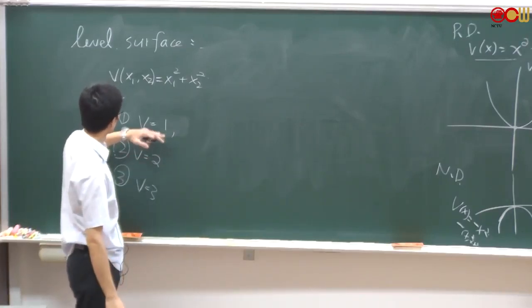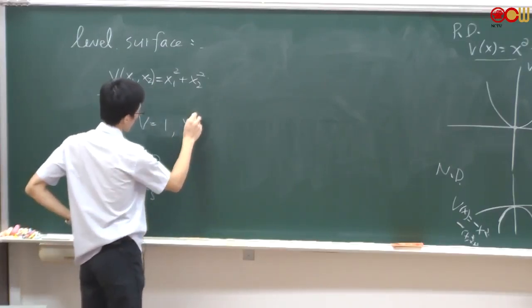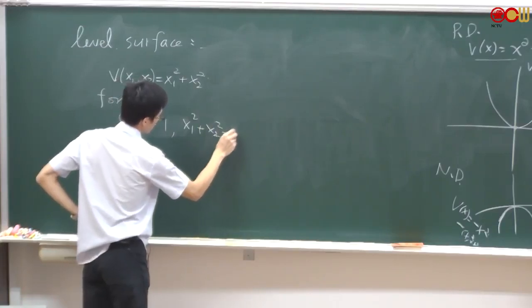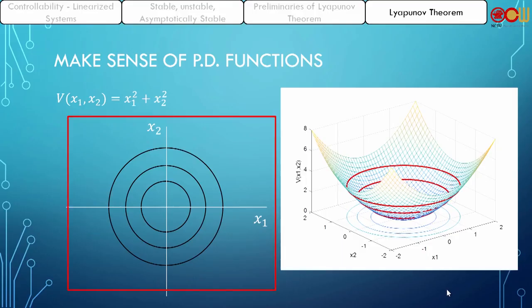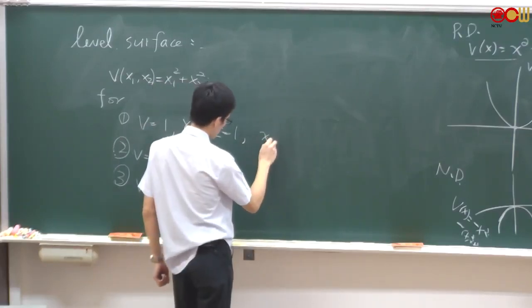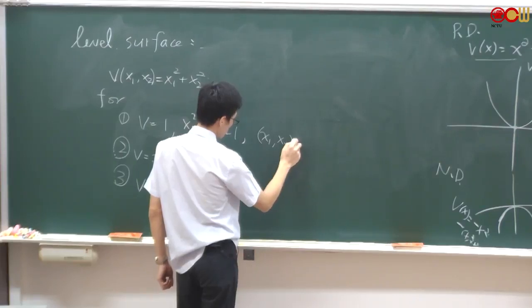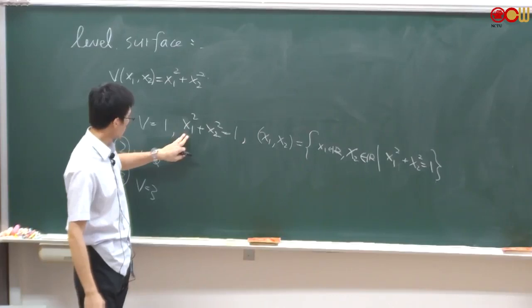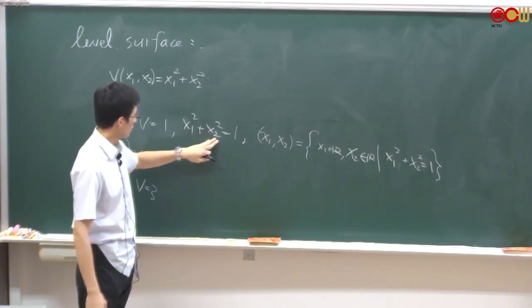then given this condition, what are the x1, x2? Any x1 and x2 satisfying this condition, and there will be a circle. So there are an infinite number of solutions of x1 and x2 satisfying this condition.